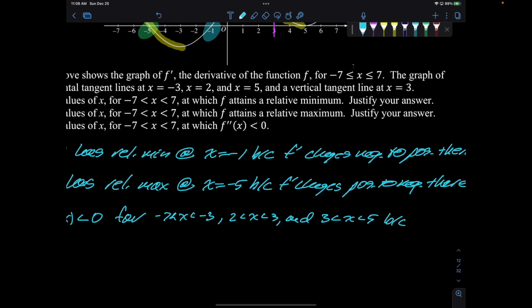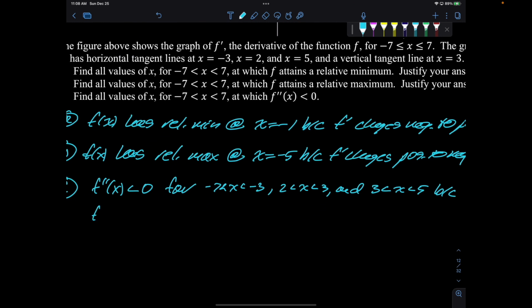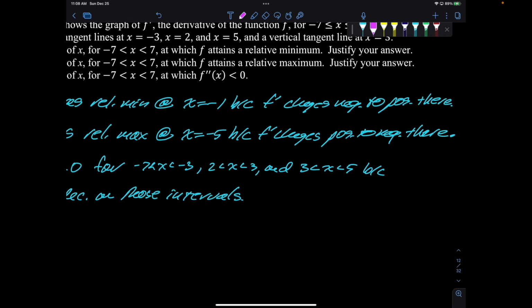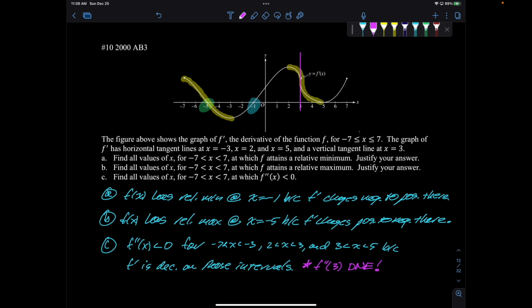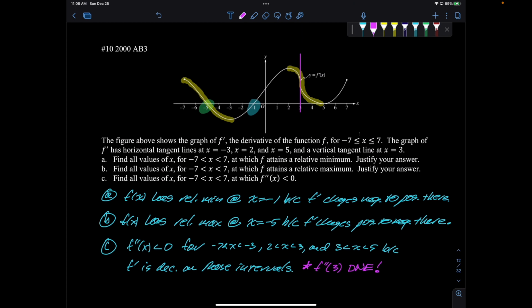And our reason is because f prime is decreasing on those intervals. And then I'm going to address it. I'm going to say f double prime of 3 does not exist. All right, I think that's good.